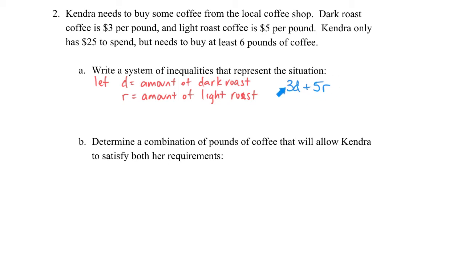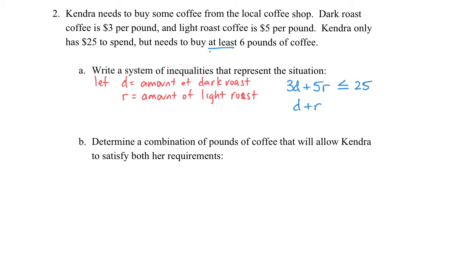This is the total cost, right? $3 per pound times the number of pounds of dark roast, $5 per pound times the number of pounds of light roast. Add those together. That's my total cost. That total cost has to be less than or equal to $25 because that's all she has. But she needs to buy at least 6 pounds of coffee.